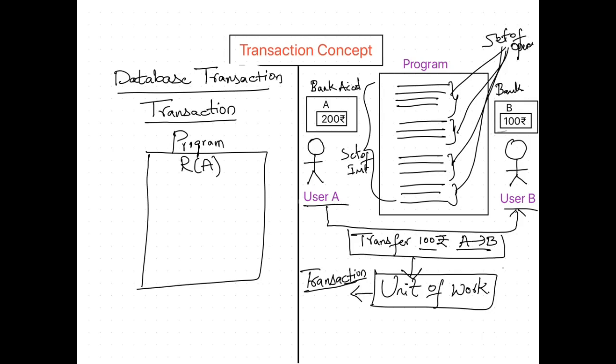Once reading, I need to debit it, because I want to transfer 100 rupees from A to B. Once I debit, I need to update A's account. Initially A has 200 rupees. Now it has been deducted and updated, so A's account has 100 rupees.